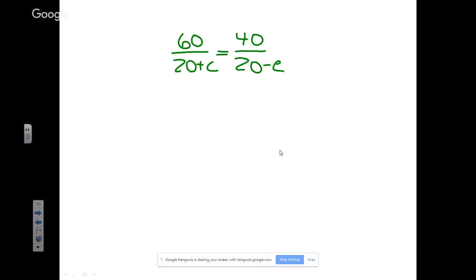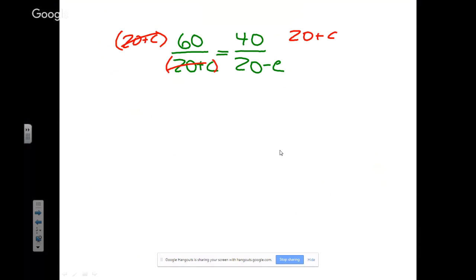Exactly. Okay, so to get rid of this C on the bottom, I'm going to do what? I'm going to multiply by it. So I'm going to multiply this side by 20 plus C and this side by 20 plus C. Okay, which is going to make this one gone.